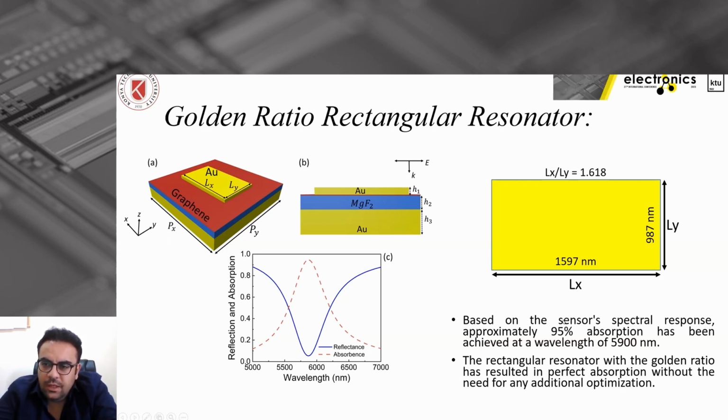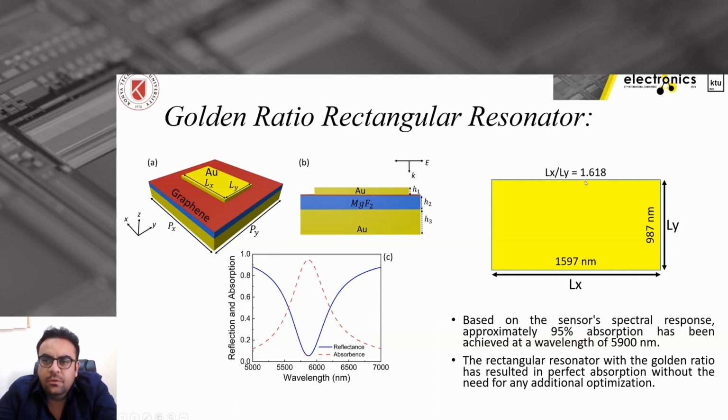Gold rectangular resonator dimensions LX and LY were chosen as 1597 nanometers and LY 987 nanometers, following the 17th and 18th Fibonacci sequence numbers.